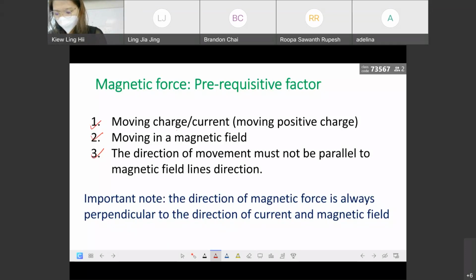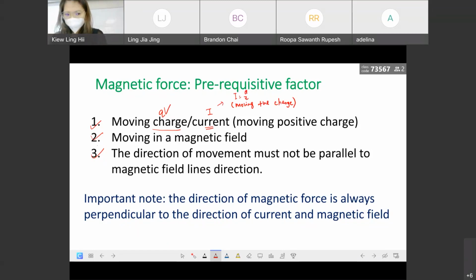Moving charge means a charge with velocity or current. Remember, current is a flow rate of the charge, right? Charge over t, I equals Q over t. It means a moving positive charge.